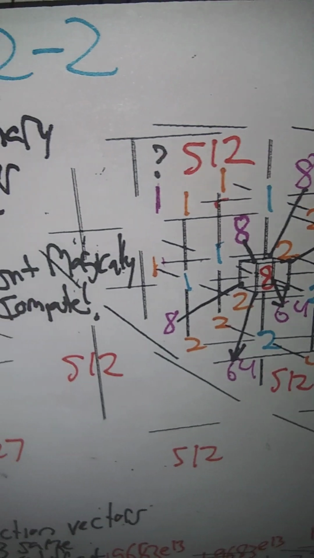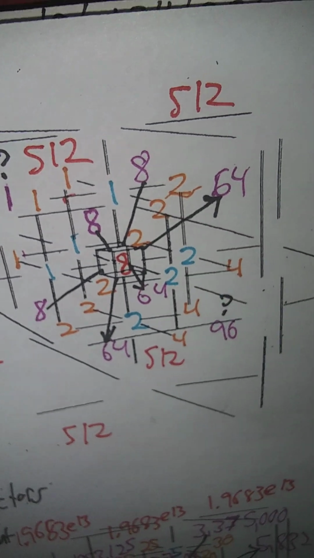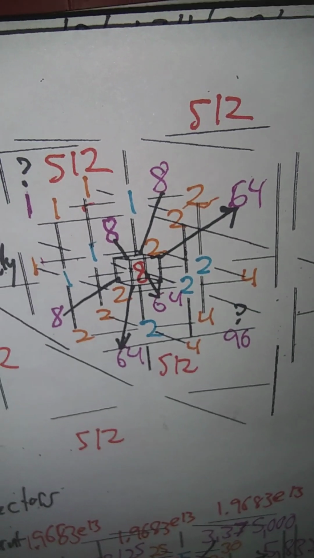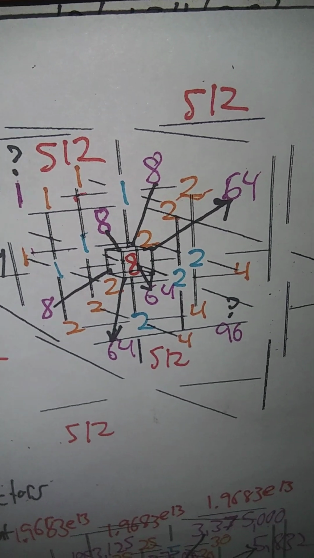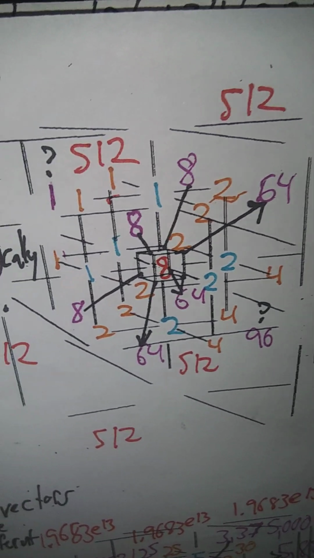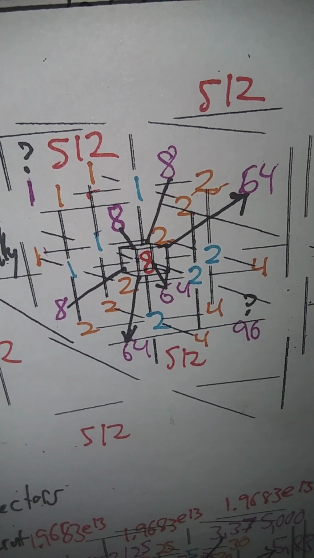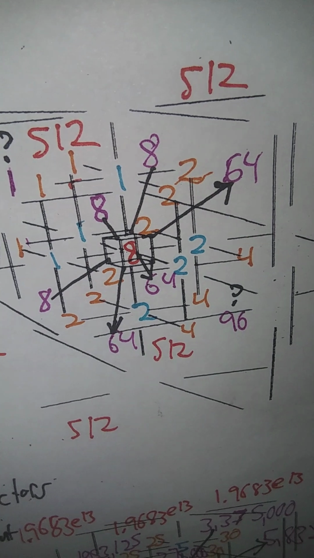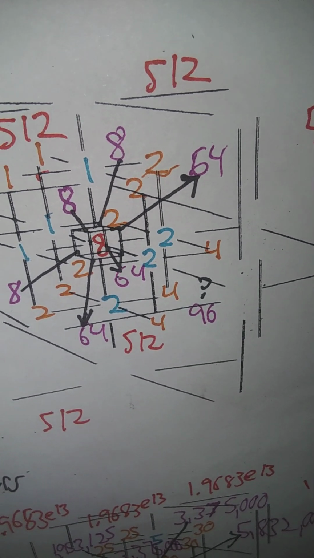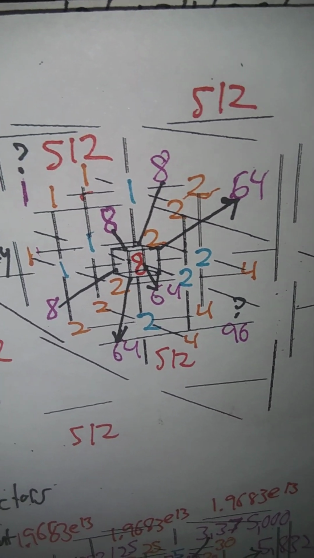And this shows the rest of them, 8 and 64, adding up to the multiplication cube 512. But in the same place where it added up in the addition, it doesn't add up. 1 times 96 is not 512, which is the correct number for 8 times 8 times 8 in the multiplication cube.